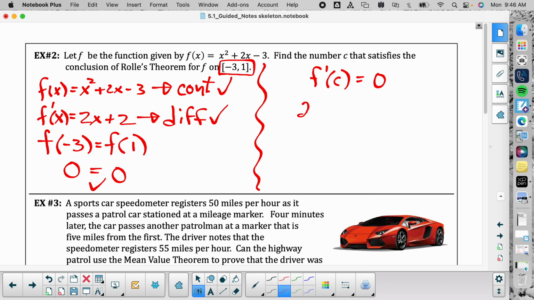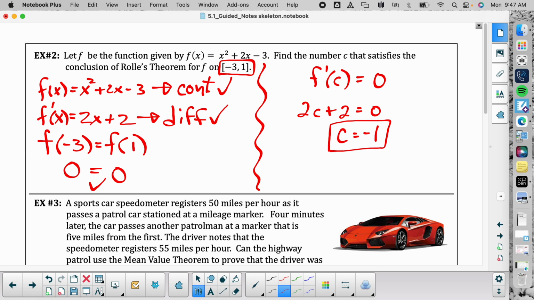So I would say 2c plus 2 is equal to 0. And then you solve it like you normally would, but instead of x, it says c equals -1. So that's the location. And that is between -3 and 1, so that just basically verifies and proves that it's true.